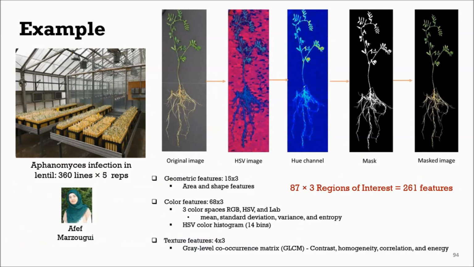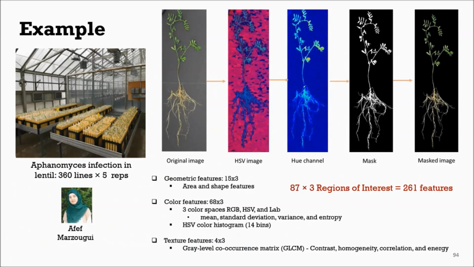We had 360 lines, 5 reps, healthy as well as inoculated. With just a few steps, she had this original image, she used the hue color space to separate the background, and after eliminating the background, this is the image that she gets.